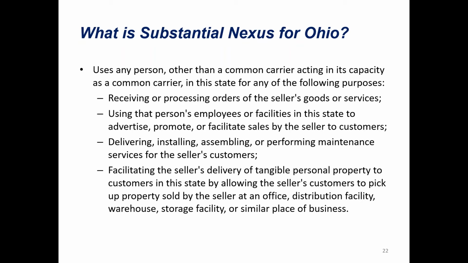If you're having somebody do that activity for you, even if you're located out of state, that gives you substantial nexus in the state. When you're facilitating the delivery of tangible personal property in the state, or having them pick up property at somebody else's office or distribution facility, even if it's not an interconnected company, that could give you substantial nexus if it's contractually related.